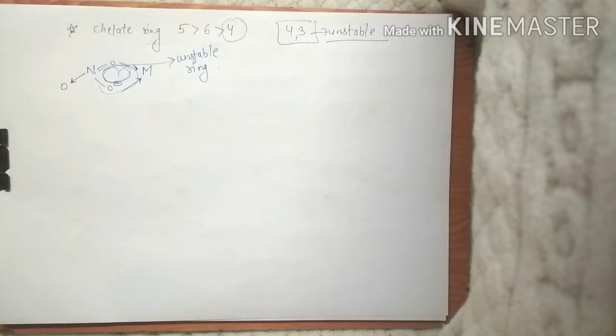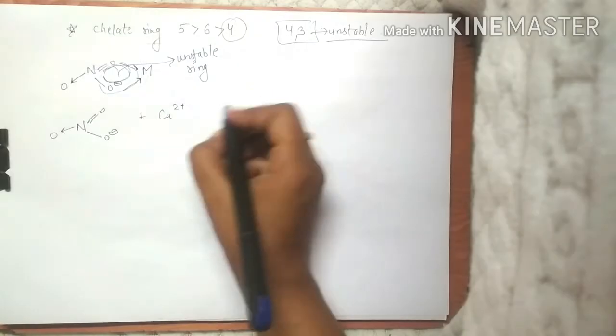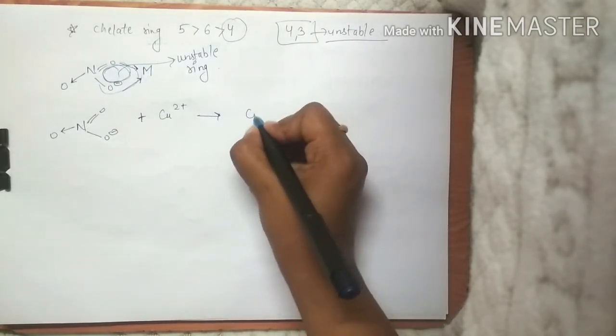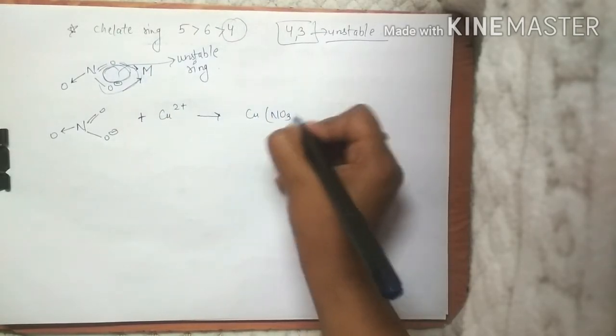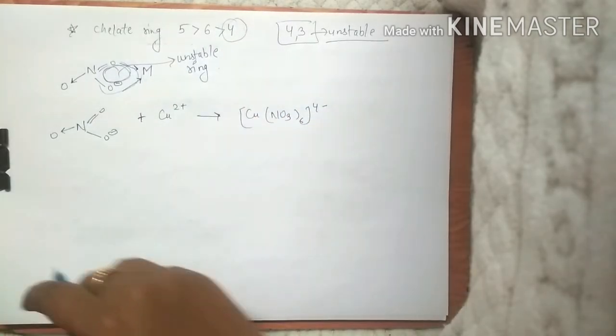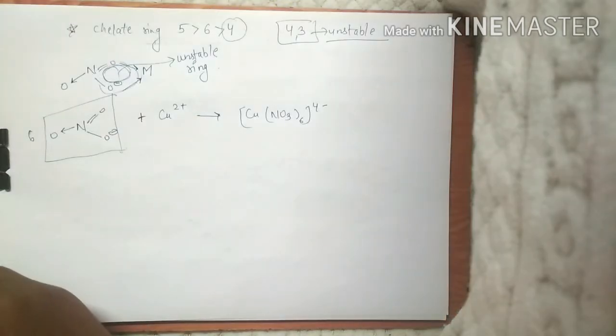So for example, if I take the case of this ligand along with copper 2 positive, right, then what happens? It is going to form the [Cu(NO3)6]4− complex, right? Here 6 of these ligands are going to attach with copper.